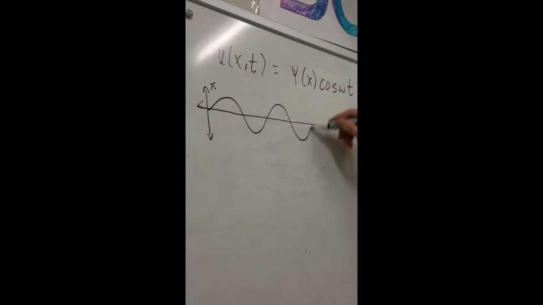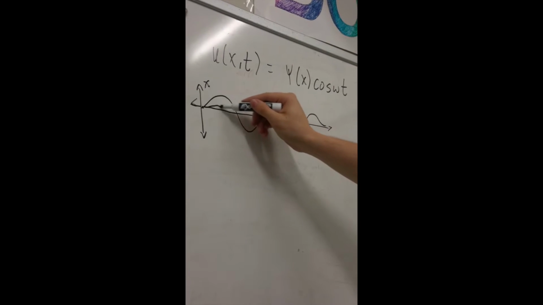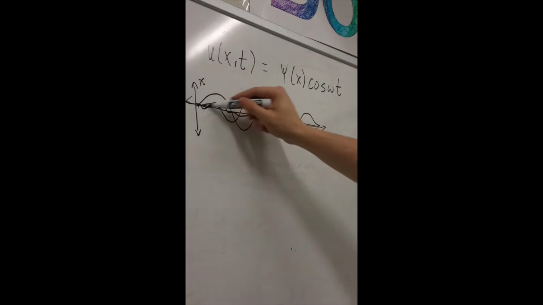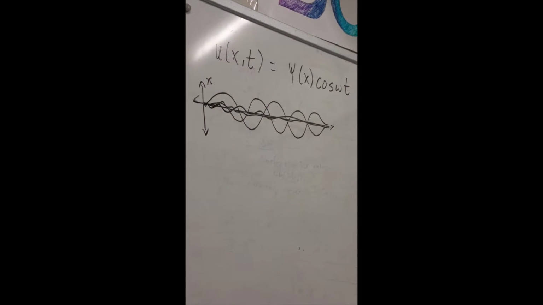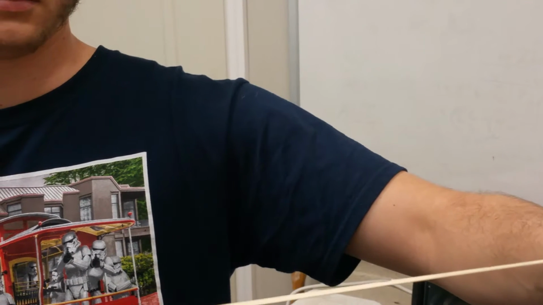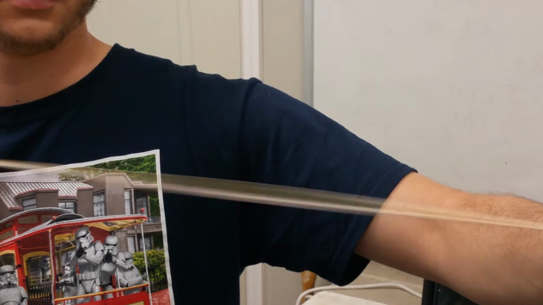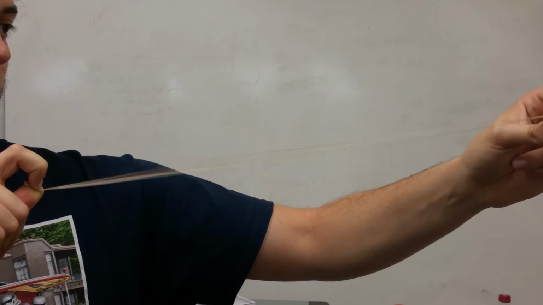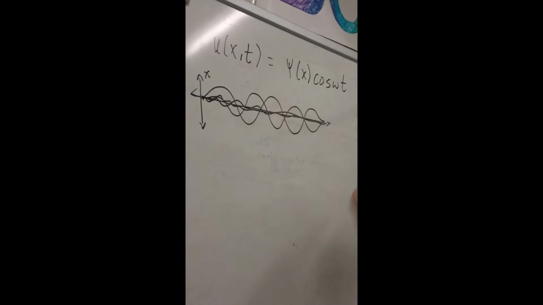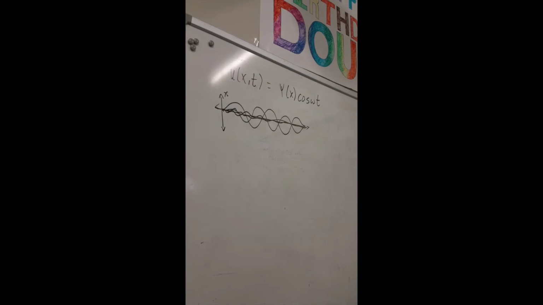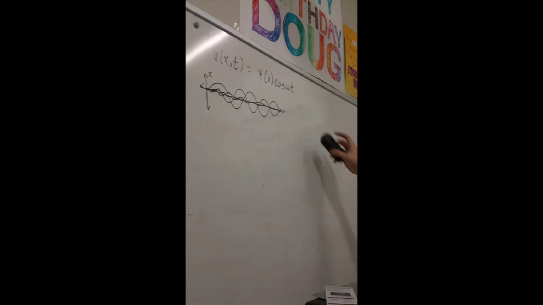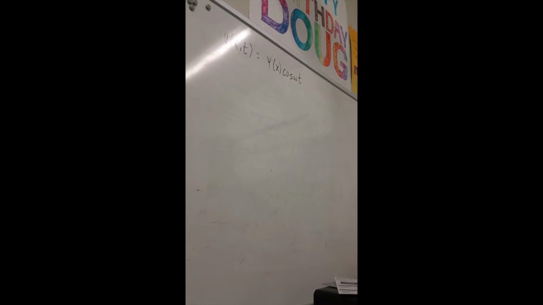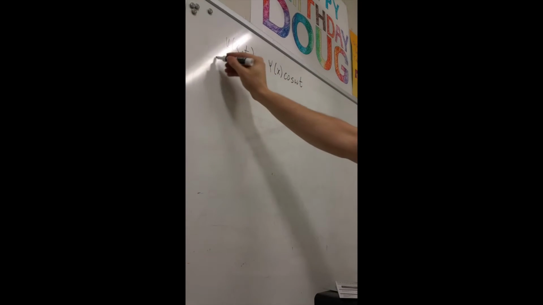So at one instant in time, it might look like that, but in the next instant, it may look like that, and it will keep vibrating, and over time it'll actually dissipate in the case of a simple rubber band. So that's what we want to model with the wave equation, but it's for not just rubber bands but any particle.